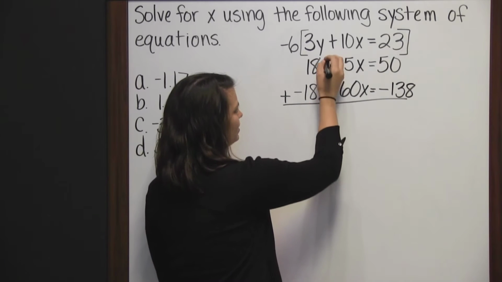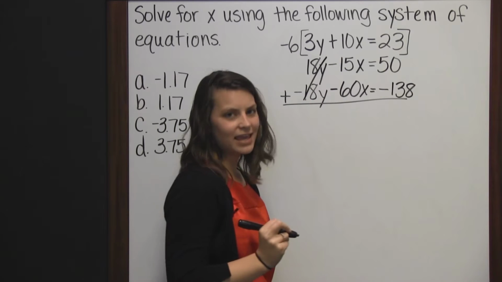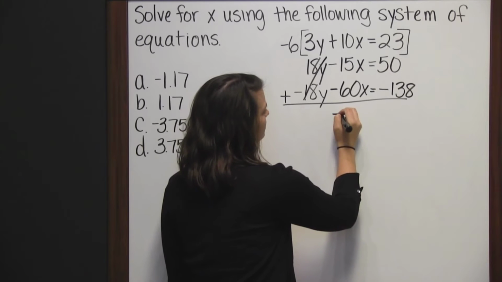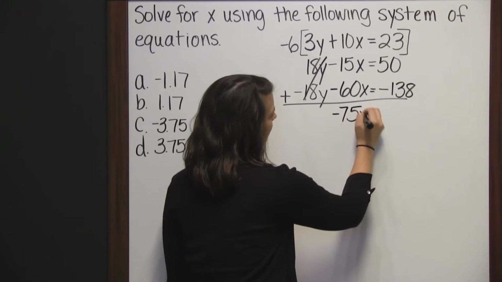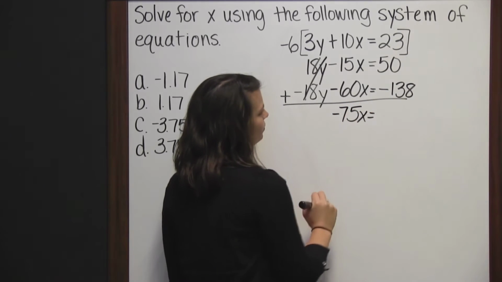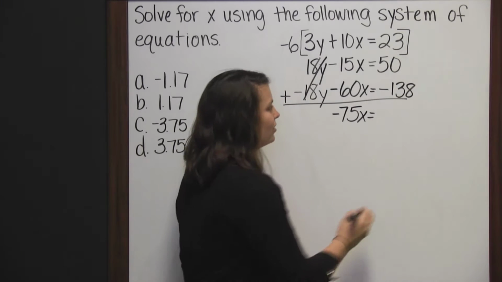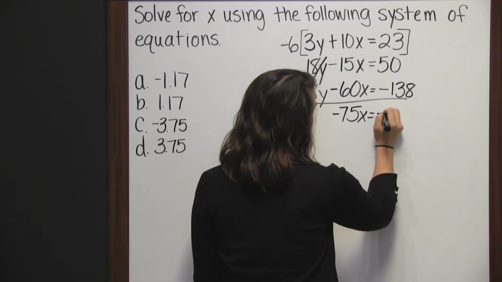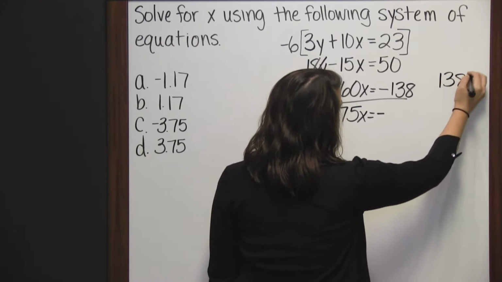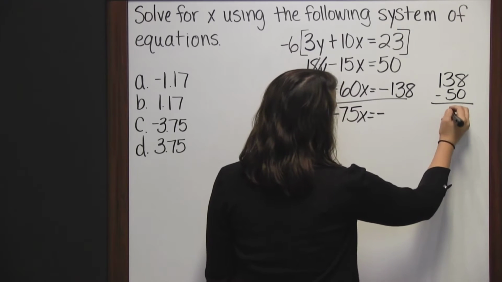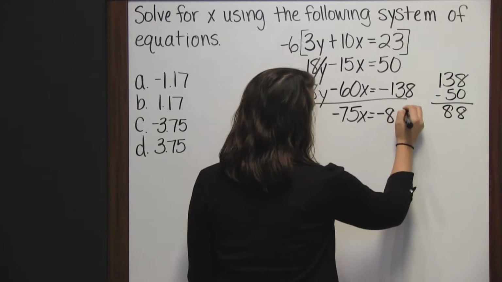18y and negative 18y is 0. They cancel. Negative 15x and negative 60x is negative 75x equals negative 138 and 50. When I add those together, I'm going to get a negative, and I can subtract off to the side here. That's 8, and 13 minus 5 is 8, so negative 88.